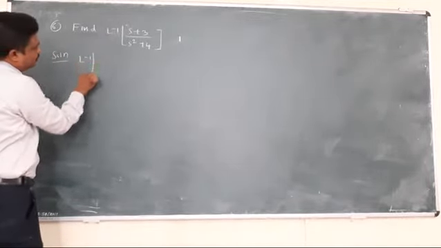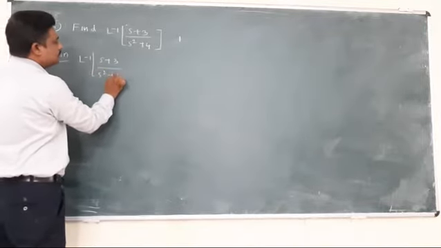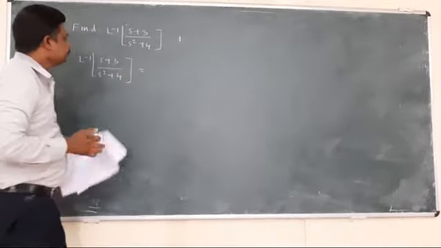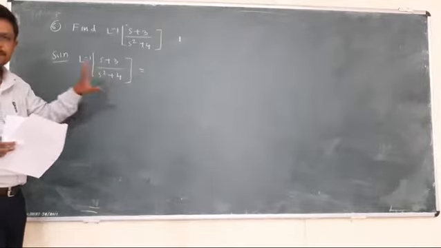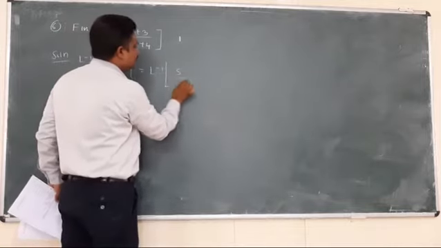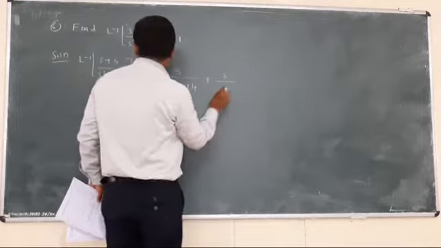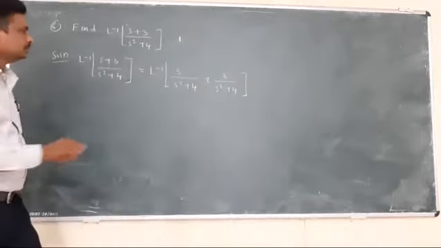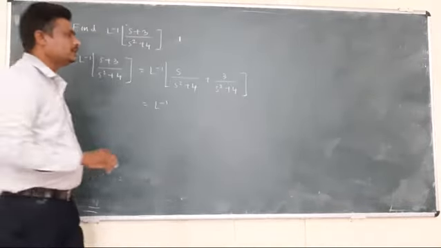L inverse of (s plus 3) upon (s square plus 4) is equal to, I will split this one, s upon (s square plus 4) plus 3 upon (s square plus 4). I will apply inverse Laplace to both the terms separately.